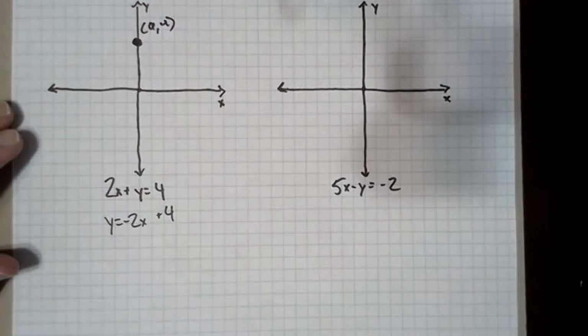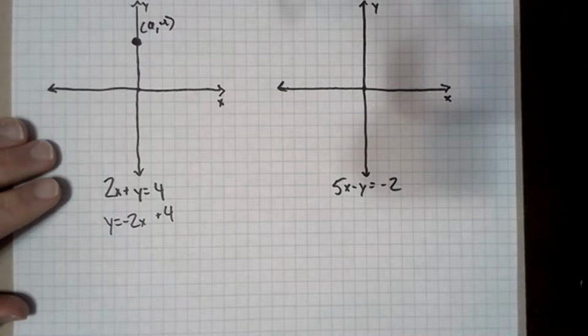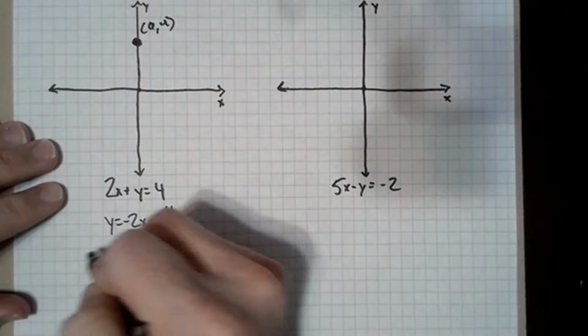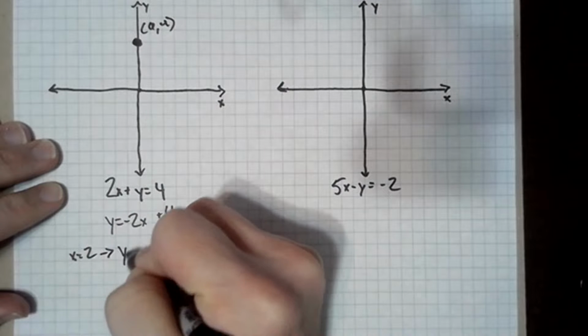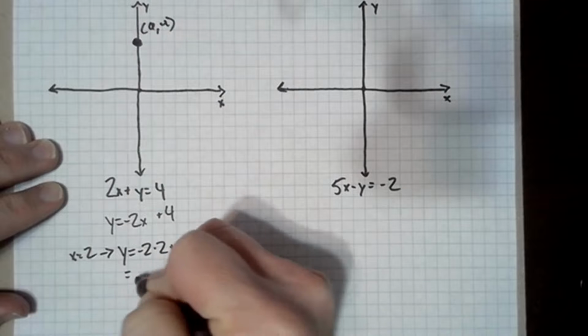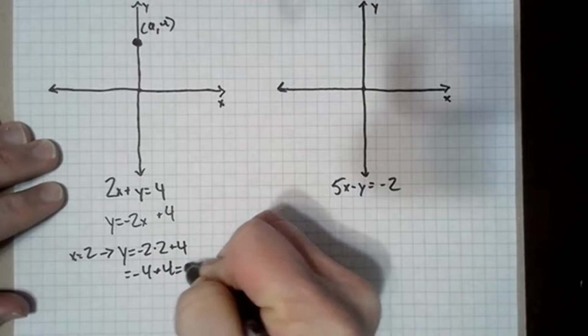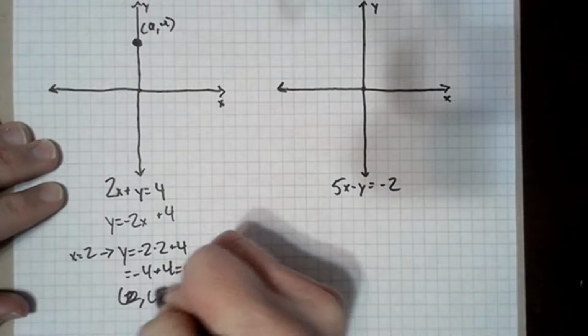And then we can find another point just by saying, okay, what happens if I let x be, say, 2? If x equals 2, then y equals -2 times 2 plus 4, which is -4 plus 4, which is 0. So we get the point 2, 0.